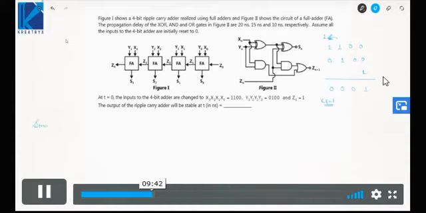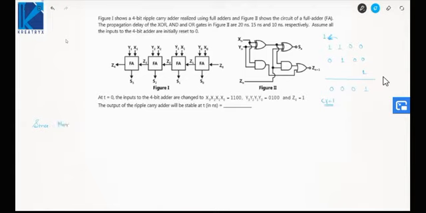So since there is no carry in the earlier bits, there is no carry in the first and second bit, their addition can happen simultaneously.